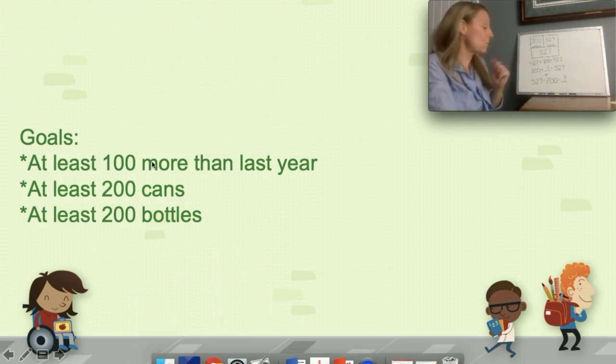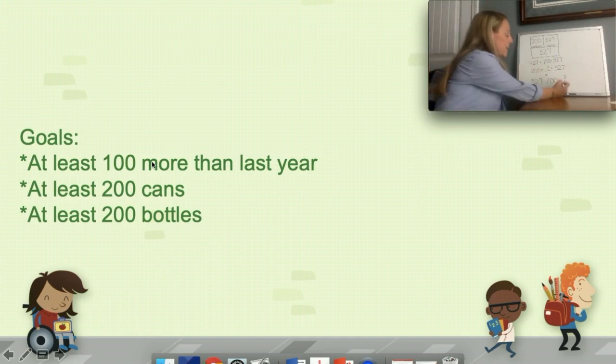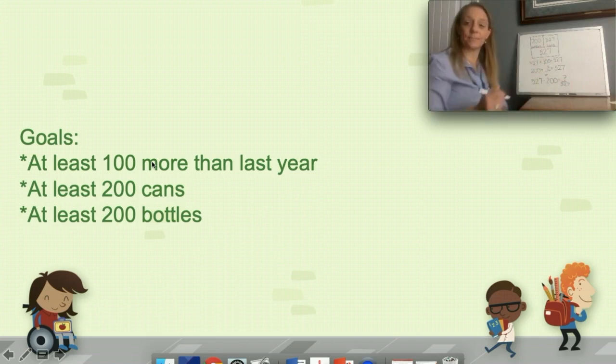And I know in my head that if I have 527 and I take 200 away, 500 minus 200 would be 300. And then my 27, I'm only taking 200 away. So that gave me my 327 cans.